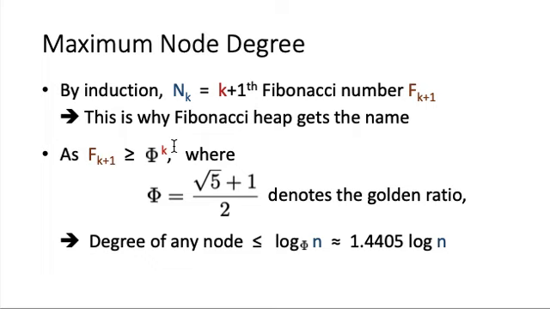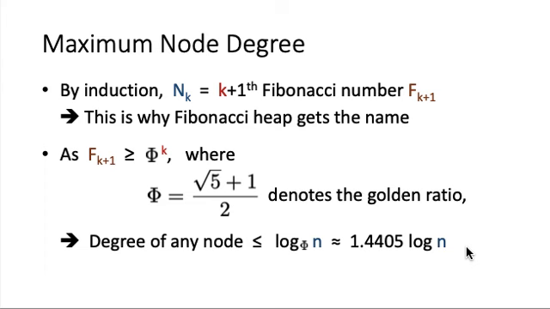So it needs to have n greater than or equal to φ to the power k. In that case, doing this opposite analysis, we find that the degree of any node cannot be more than log of n base golden ratio. And this is roughly 1.4405 times log of n. So this shows that the maximum degree of a node is big O of log n.